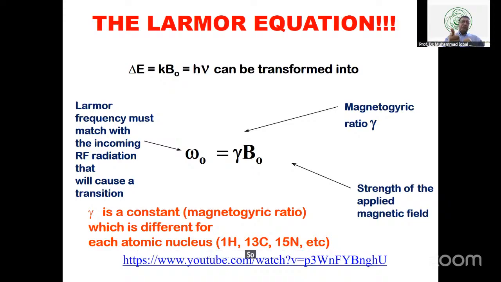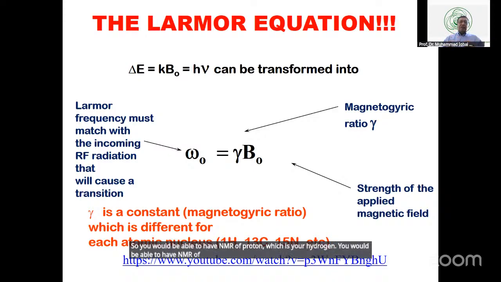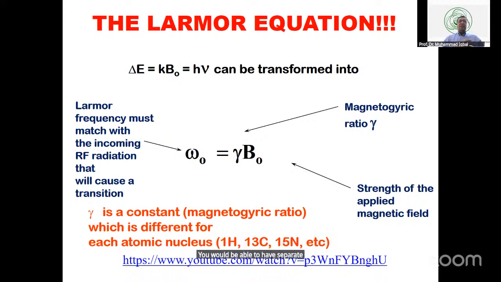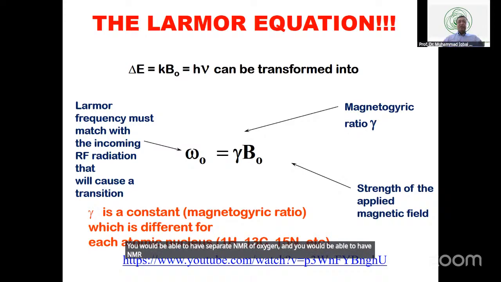You would have NMR of proton, which is your hydrogen, NMR of carbon-13, separate NMR of oxygen, and NMR of nitrogen.